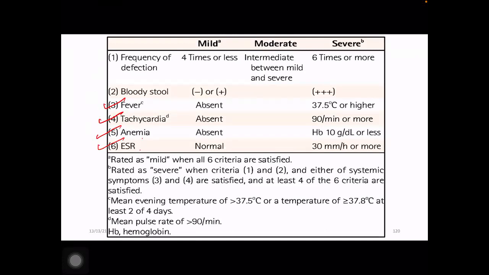In severe ulcerative colitis, the patient will have more than 6 stools, and the stools will be bloody. The patient will have fever, tachycardia, and anemia, that is hemoglobin of 10 gram or less, and ESR of 30 mm or more. So these are the criteria for severe ulcerative colitis based on Truelove-Witts criteria.